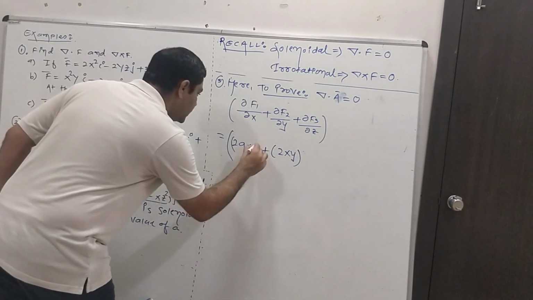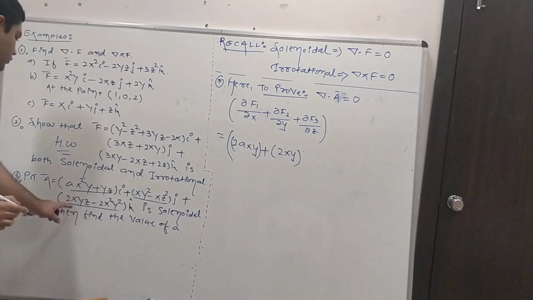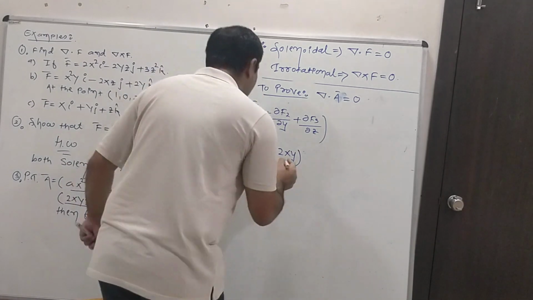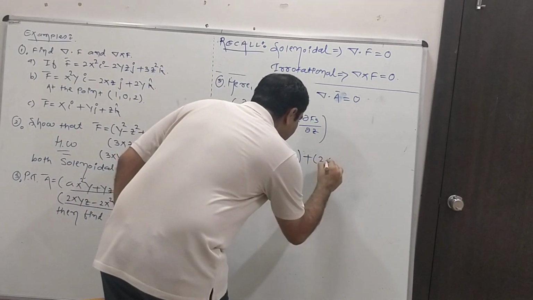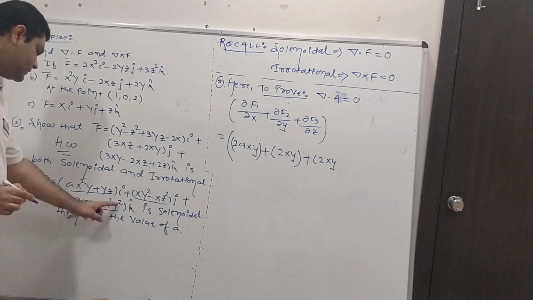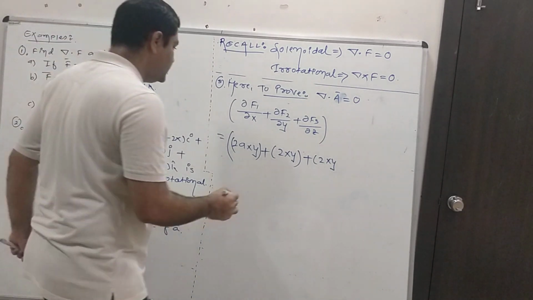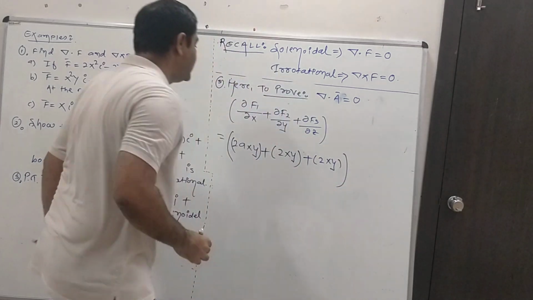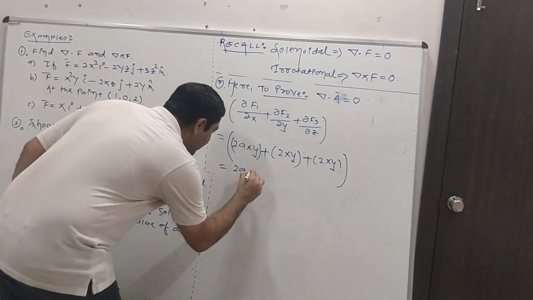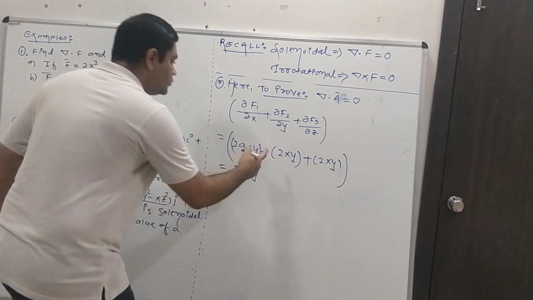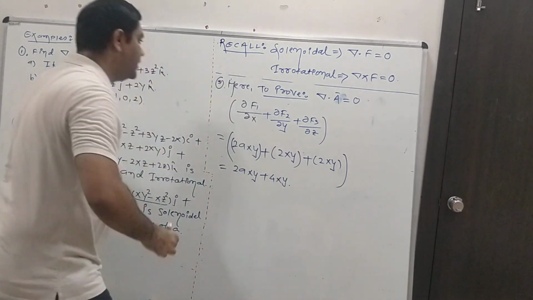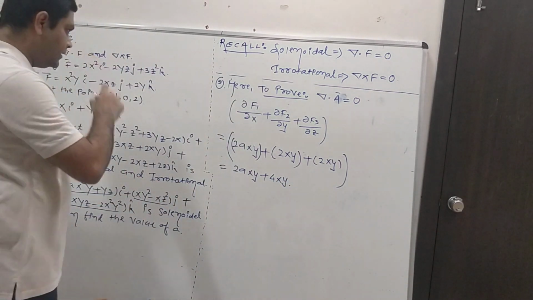Now with respect to z, z is 1, so remaining is 2xy, and there is no z, means this becomes 0. So here this is 2axy, 2xy plus 2xy is 4xy, students.